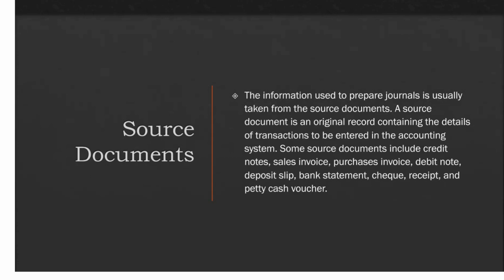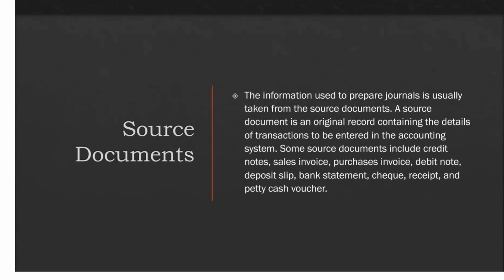Now, what are source documents? Source documents are where we get the information that we put in our journals. The information used to prepare journals is usually taken from a source document. A source document is an original record containing the details of transactions that should be entered into the accounting system.